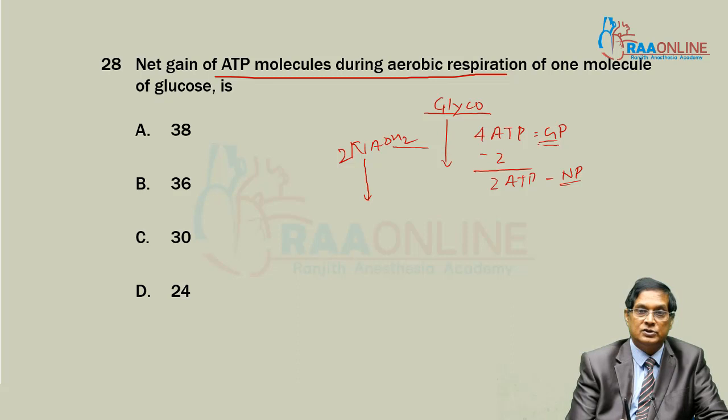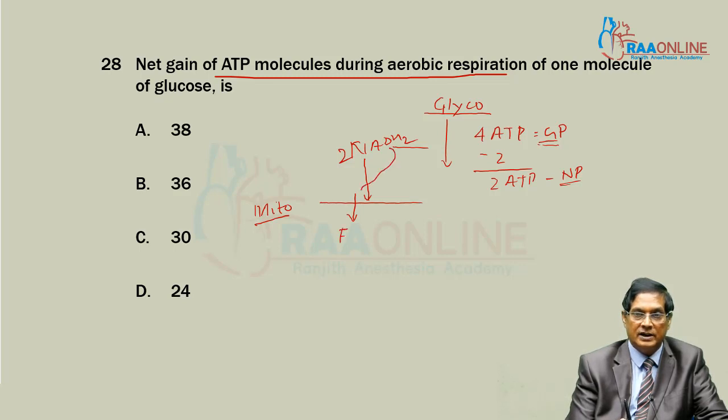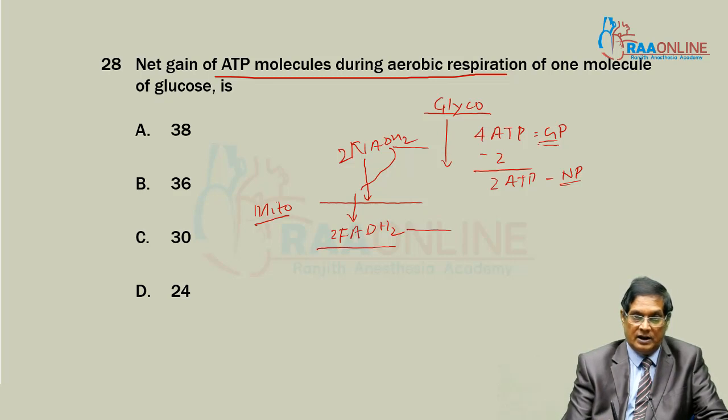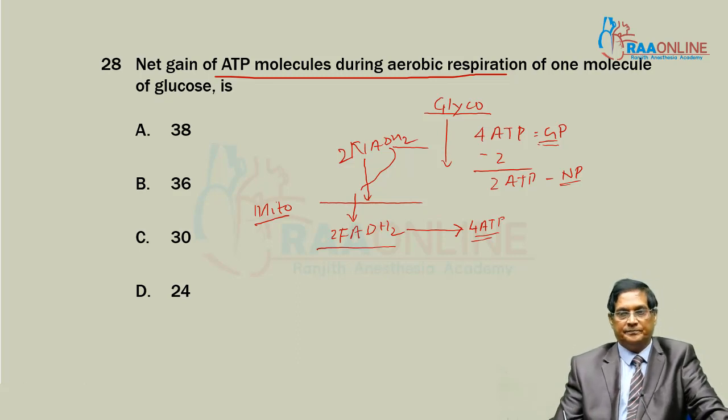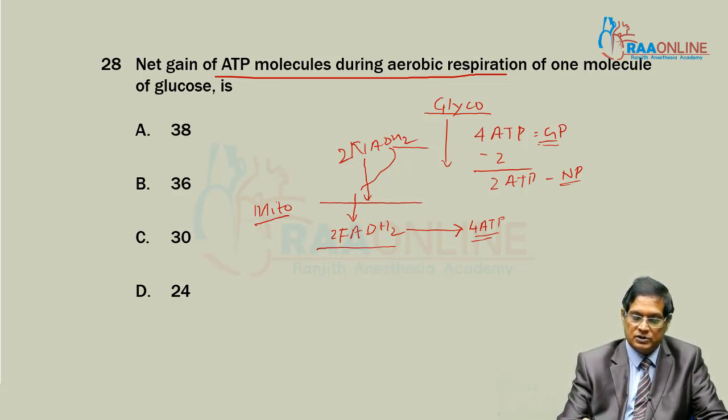This NADH2 enters the mitochondria, but in mitochondria these are taken up by FAD, so 2 NADH2 are converted into FADH2. Each FADH2 gives 2 ATP, so 4 ATPs are formed from glycolysis again. So 4 plus 2, that is 6 ATPs in aerobic condition from glycolysis.